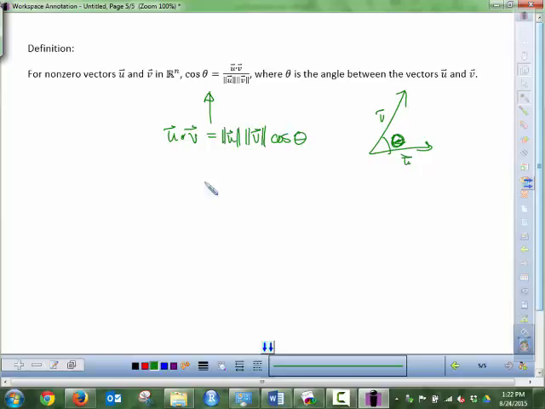There you go. Pi over 2, what's pi over 2? That's 90 degrees, right? That just means that 2 vectors, V and, if this was pi over 2, that means the 2 vectors are perpendicular. So cosine of pi over 2 again was what? 0. So that means the dot product of 2 perpendicular vectors is 0.